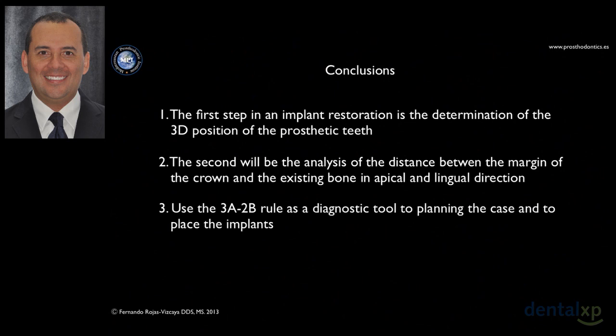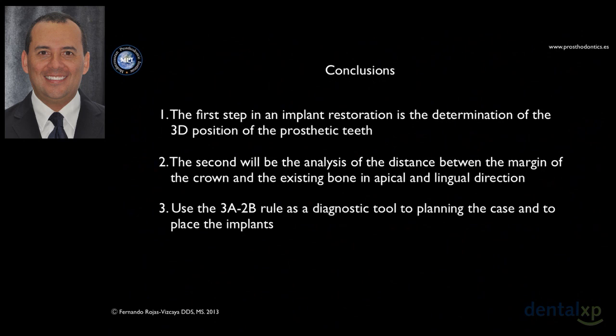And we can use the 3A to B rule as a diagnostic tool to plan the case and also to place the implant, because the rule will show me if the bone is in a perfect position or maybe I have too much bone.